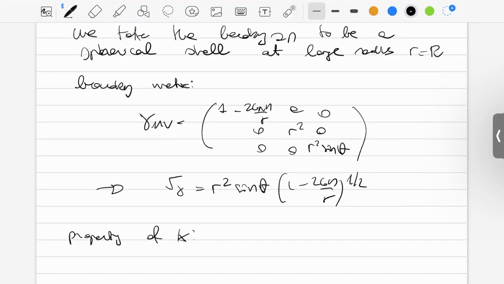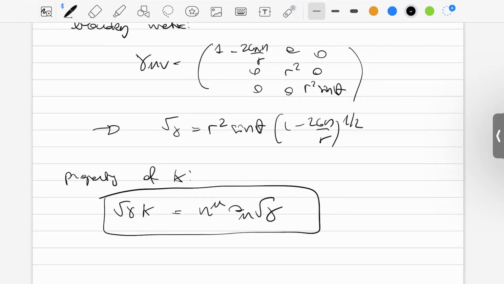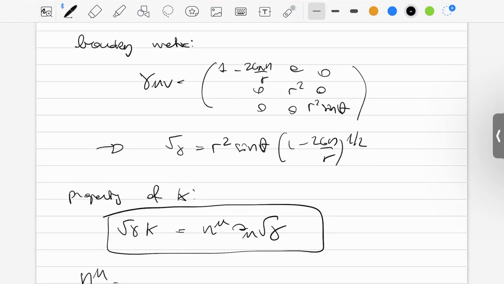Now the trace of the extrinsic curvature K has a property, namely, when you multiply the square root of gamma with K, this just gives you n to the mu, delta mu, of square root of gamma, where n, as I said before, is the outward radial unit normal vector at the boundary. So how do you express the unit normal vector?